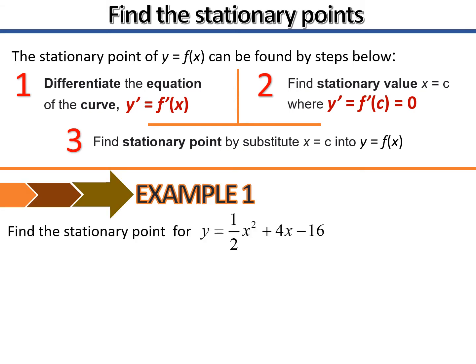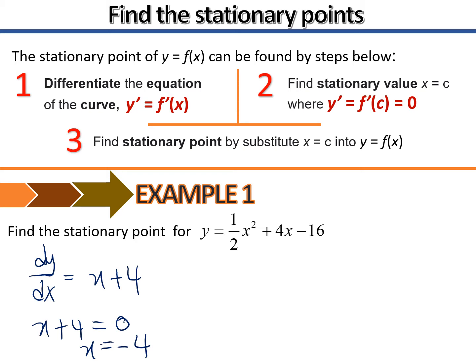Let's start with example 1. Find the stationary point for y equals 1/2 x squared plus 4x minus 16. Okay, first we need to find dy/dx, which equals x plus 4. From this dy/dx, we equate it with 0, so we will have x equals negative 4.